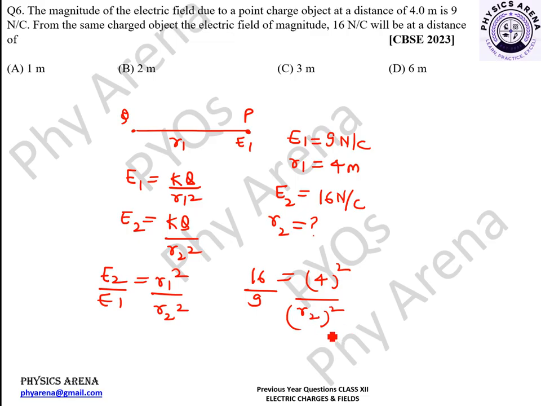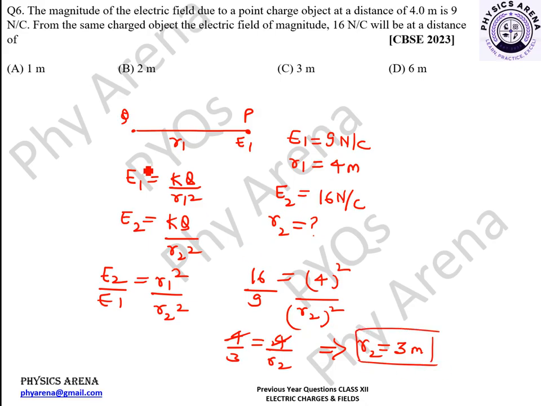We need to find the value of R2. Let's take square root in this equation, and we are left with 4 by 3 is equal to 4 upon R2. Square root of 4 square is 4. So this 4 gets cancelled out with this 4, and this implies R2 is equal to 3 meter.